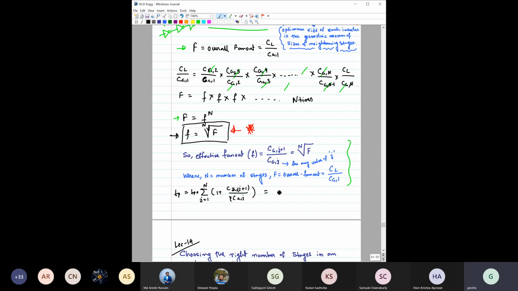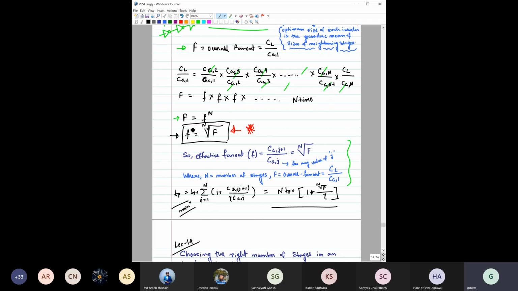So you can take this n common, and you can write it like this: n times 1 plus nth root of F by gamma, right? Just simply put these values here, and you will get this. So this is the total delay, and this is the minimum delay, because we have already put the condition. This is the condition for this minimum delay.